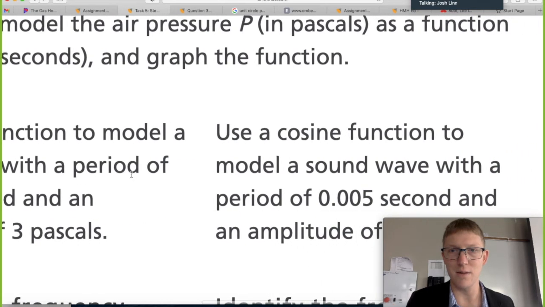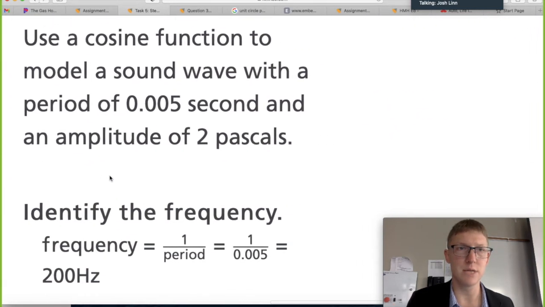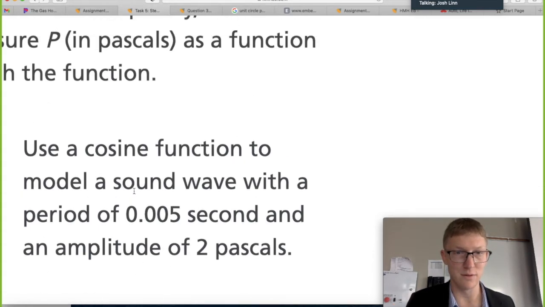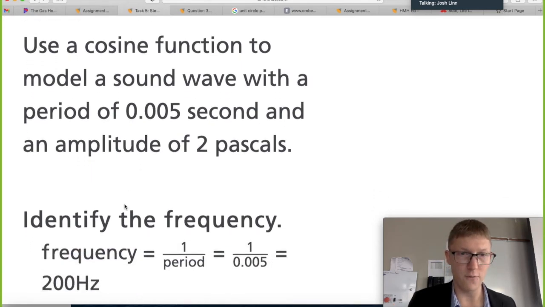Except this time, the problem is going to tell us to use a cosine function to model a sound wave with a period of 0.005 seconds and an amplitude of 2 pascals. So identify the frequency. Again, our frequency is 1 over the period, which is 200 hertz.